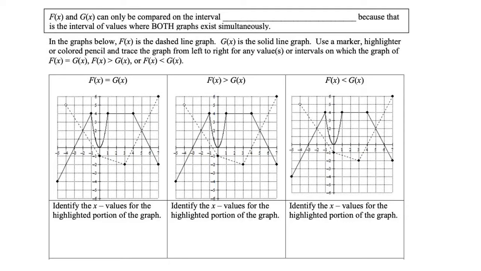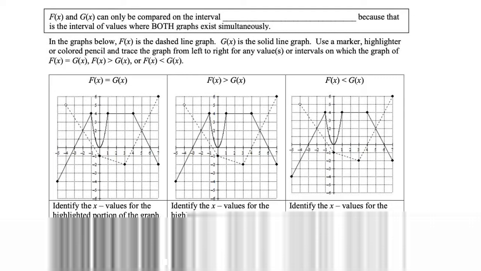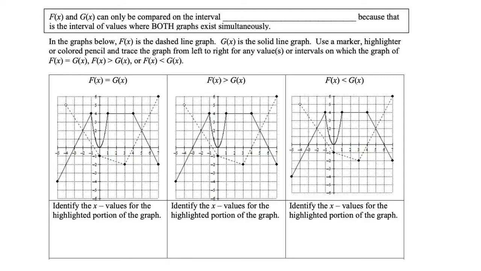Okay, so now looking at the graphs, f of x is the dashed line and g of x is the solid line. It wants us to use a marker or colored pencil to represent our three cases that we just talked about. For the first one, it wants us to look at where g of x and f of x are equal.